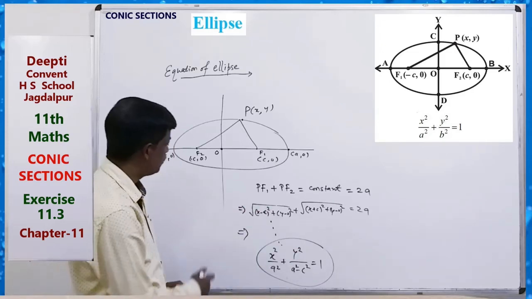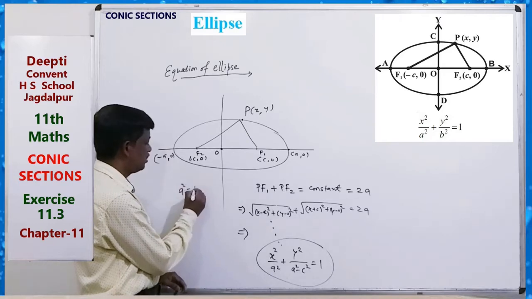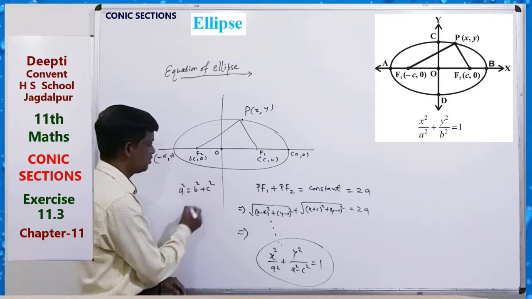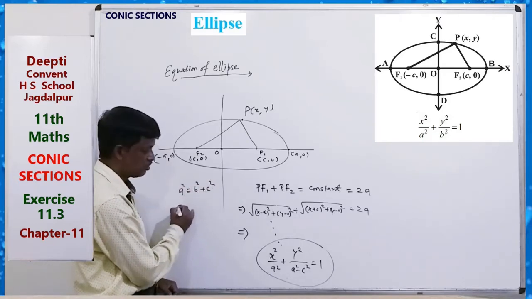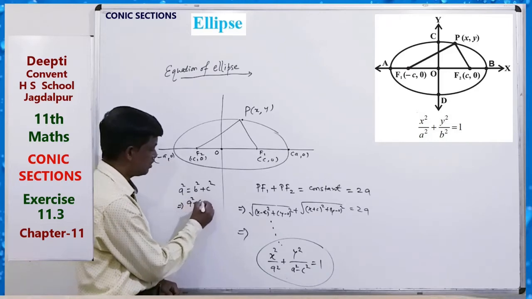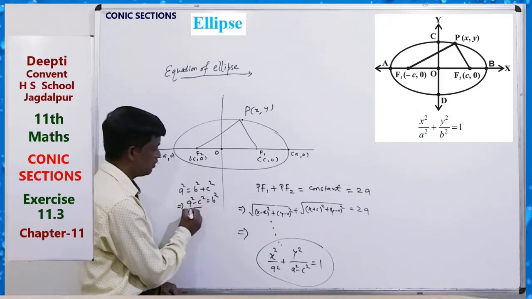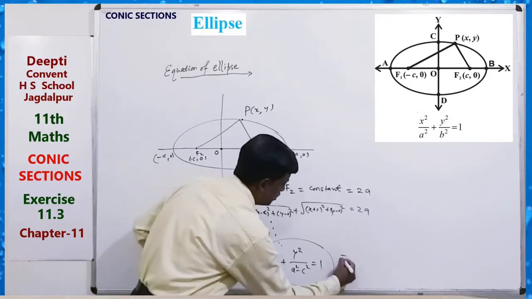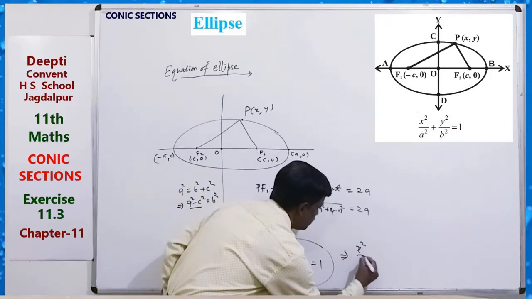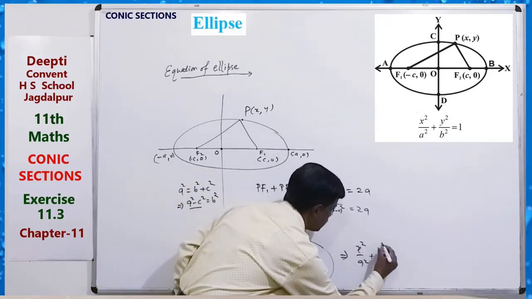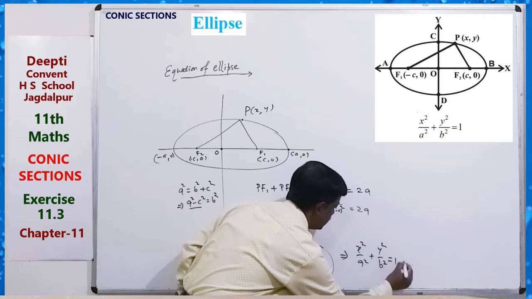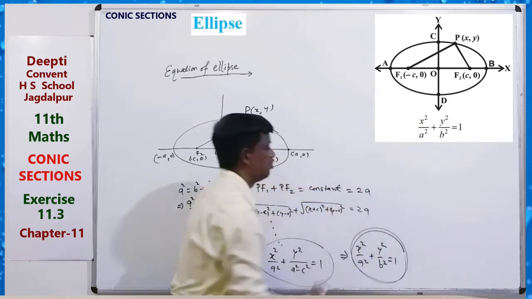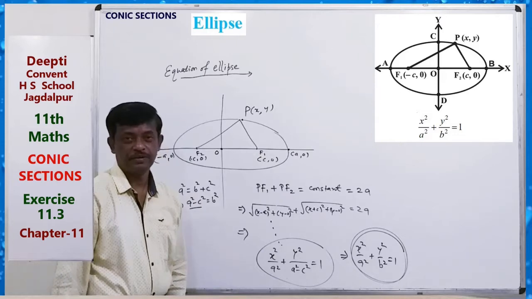So finally, we know the relation between a, b, c: a square equals b square plus c square. From here, you can write a square minus c square equals b square. So in place of this, you can write b square. That is x square upon a square plus y square upon b square equals 1. This is our standard equation of ellipse. Okay?